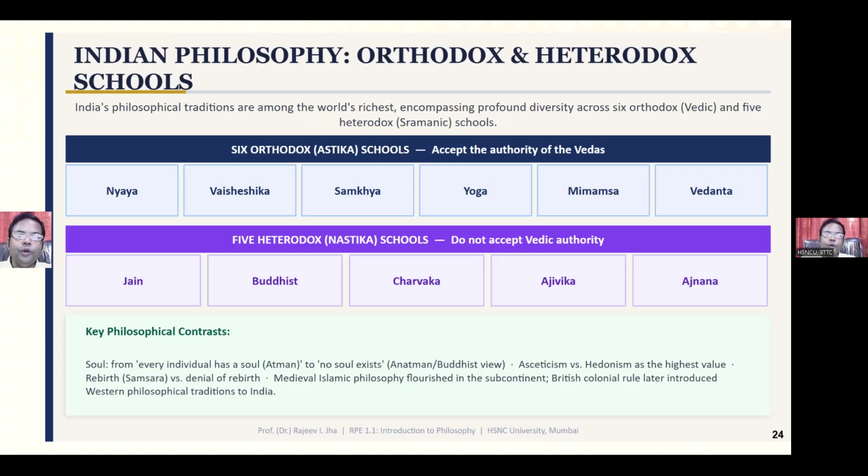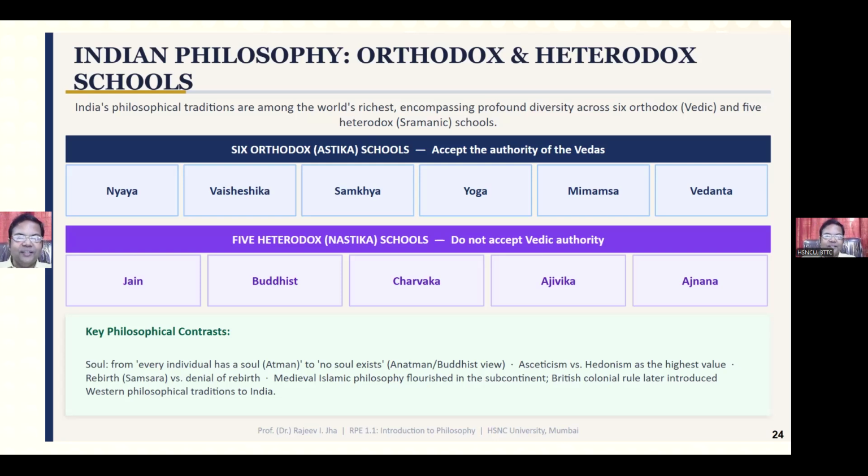The 5 heterodox or Nastik schools, Jain, Buddhist, Charvak, Ajivak, and Ajnana, explicitly reject Vedic authority. The Charvak school is materialistic and atheist, remarkably modern in its insistence that only empirical evidence constitutes valid knowledge.